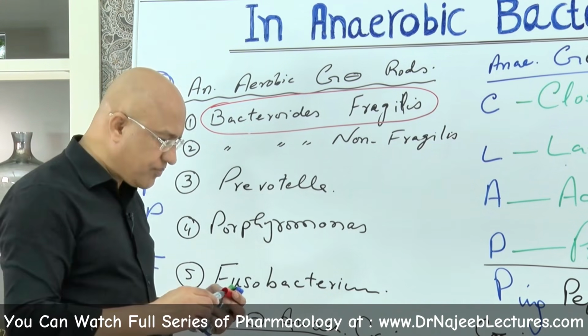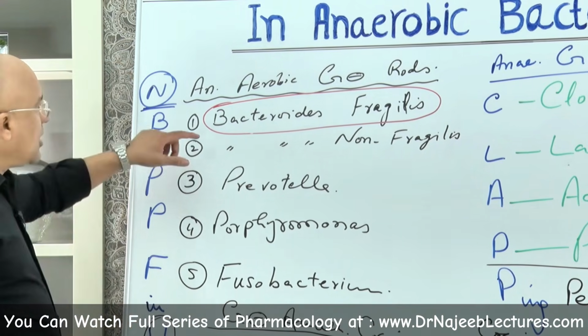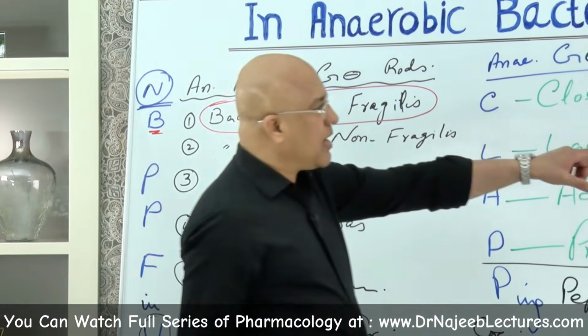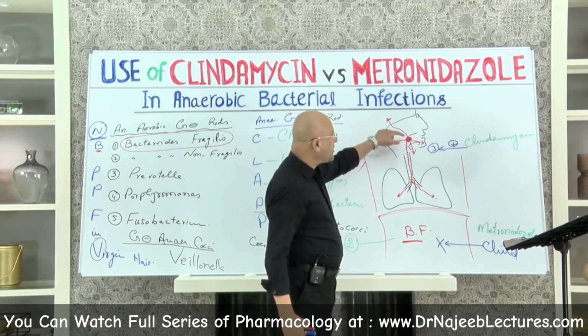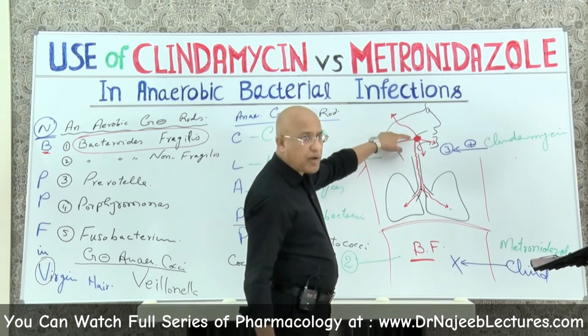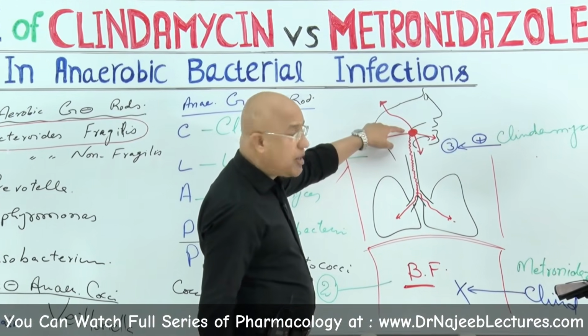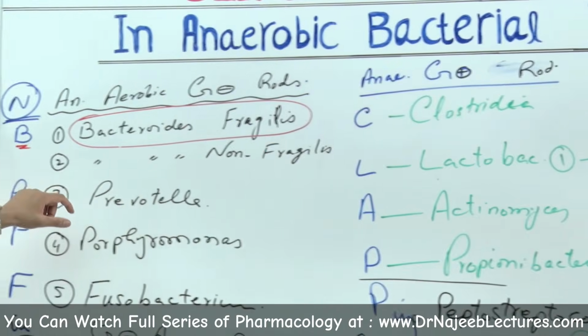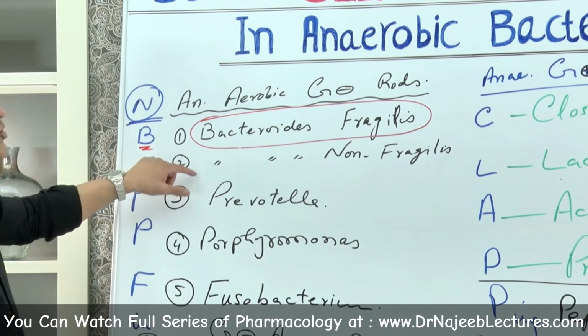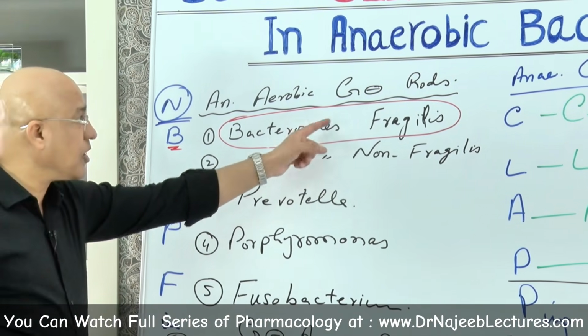So what I'm saying is that all anaerobic infections above the diaphragm derive their anaerobic microbes mainly from oropharyngeal microbiota, and they usually have Bacteroides non-fragilis, not fragilis.